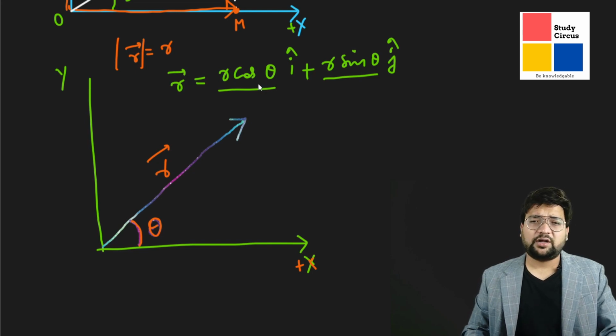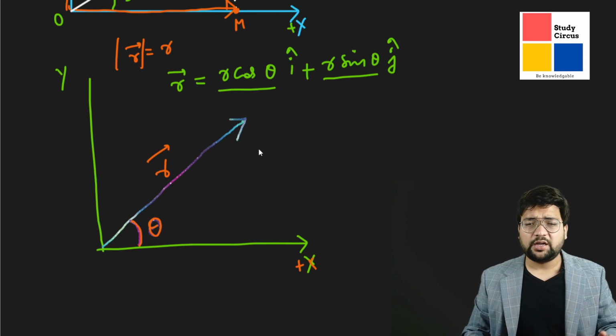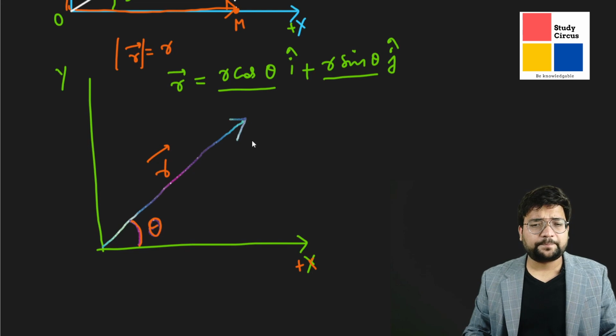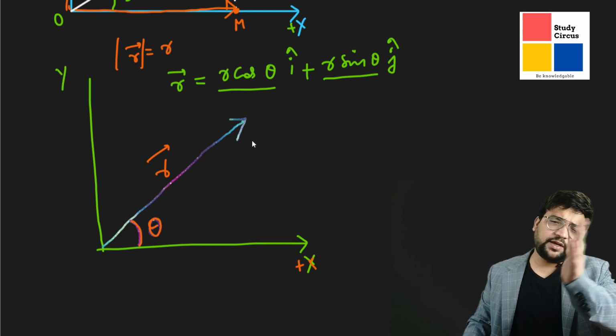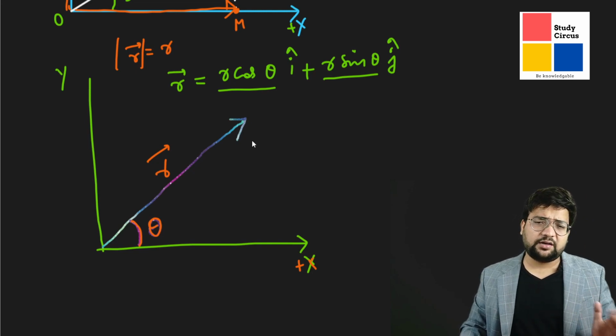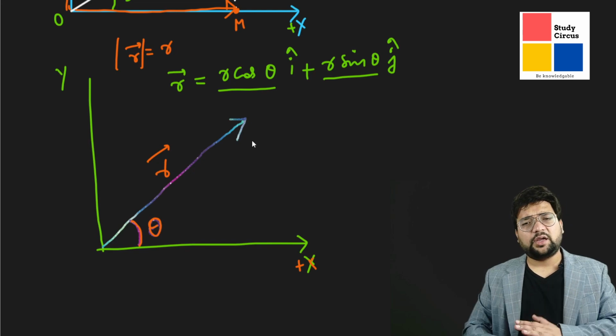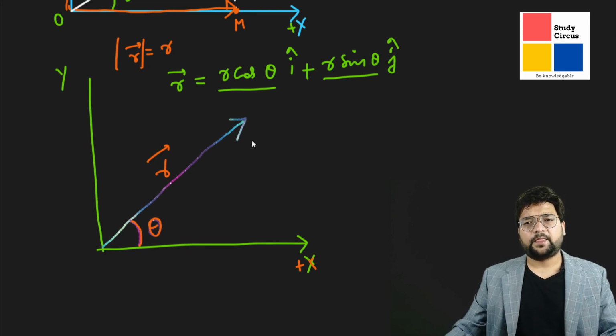And r cos theta, r sin theta come from simple use of trigonometry, like we saw. Fine, this is the resolution of vectors. The theta need not be acute only, it can be any angle, obtuse, reflex, whatever angle from the positive x-axis you take, it will give you the vector r in the resolved form. Okay, fine.